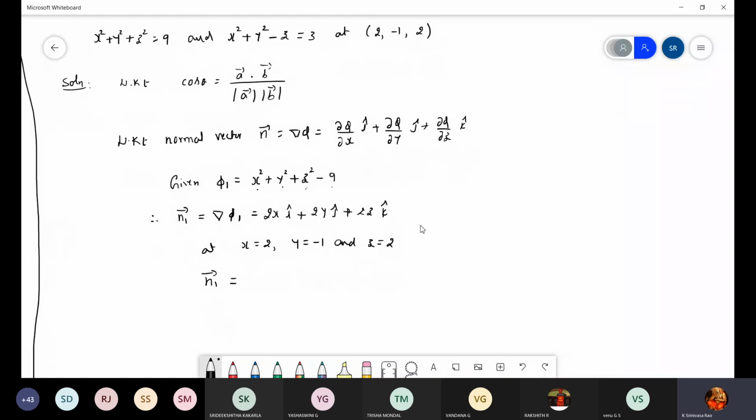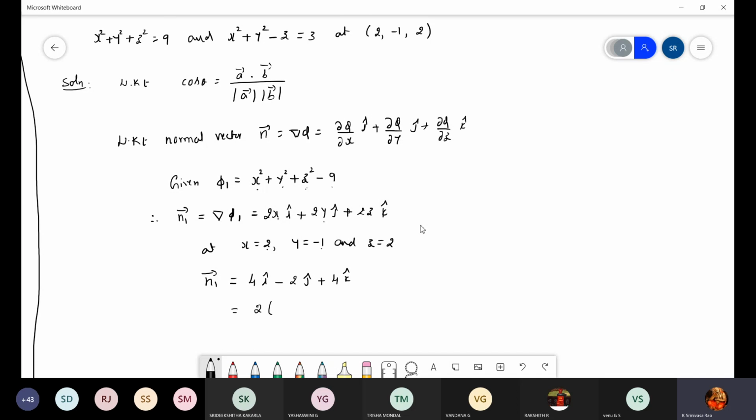Substitute the points: 2 into 2 gives 4 i cap, and since y is -1, you will get minus 2 j, plus 2 into 2 is 4 k cap. Better to take 2 common to calculate the magnitude, because you will get simple numbers.